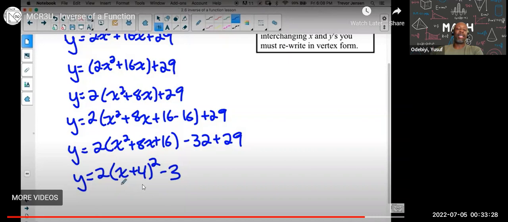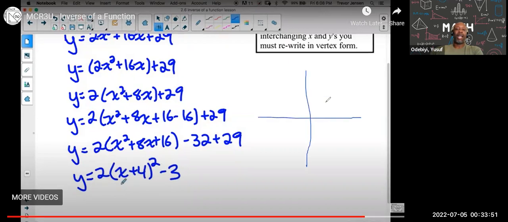So what does that mean? I know that I have a 2, so that's going to stretch my parabola. When we say quadratic, that means we're talking about a parabola. It's going to stretch my parabola, but my starting point on the graph is going to be at -4 and -3. What do I mean by that? Well, if I'm drawing a graph over here, the parabola would start at -4 on the x and -3 on the y.